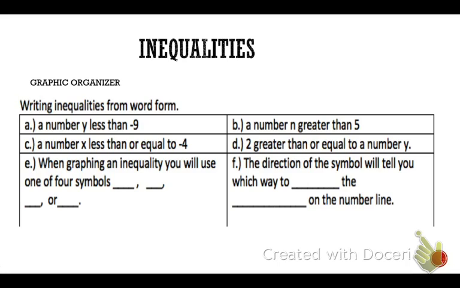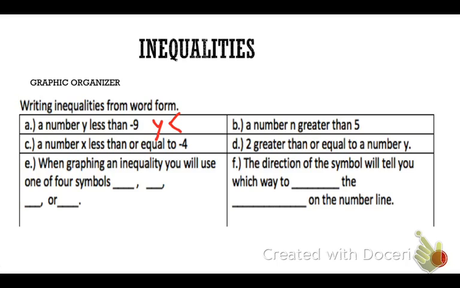Okay, so on your graphic organizer, the first thing you need to know is how to read these and how to write them if we do have words. So on your graphic organizer at the top there, we're going to write these inequalities in word form. So the first one, a number y, so y is my variable, less than. What does the less than symbol look like?